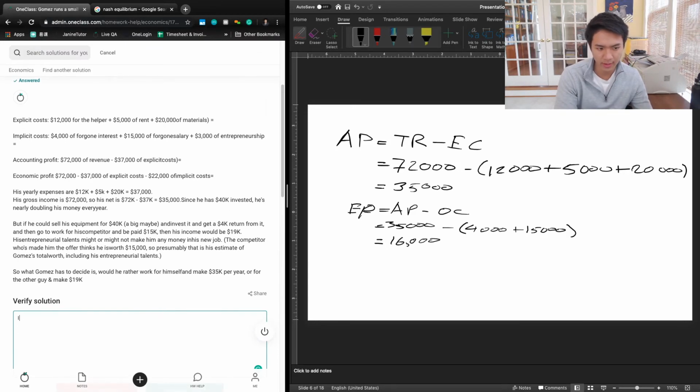If the competitor estimates Gomez's total worth, including entrepreneurial talent, to be $15,000, then we would not double count the $3,000 additionally in the implicit cost calculation.